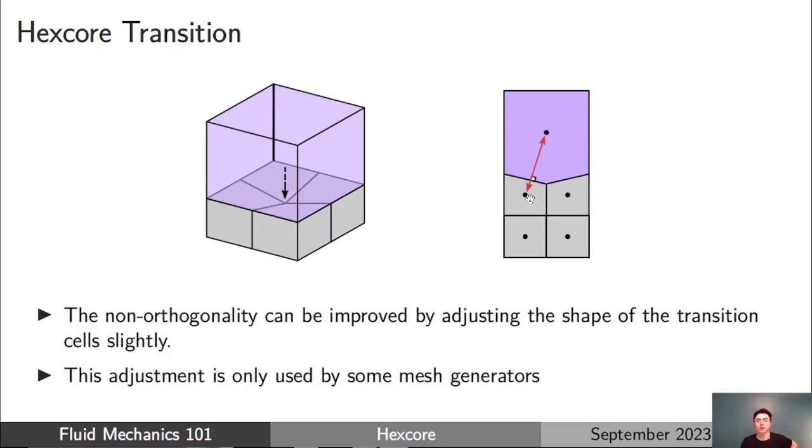And in this case, the non-orthogonal correction would disappear. So you may sometimes see this if you actually look very closely at the polyhedral mesh. Some mesh generators will be distorting the angle of that transition there. But ultimately, for us as CFD users, this is hardly going to affect the quality of the mesh and the quality of our results either. So it's not something to think about in too much detail.